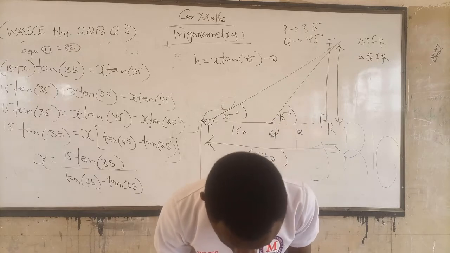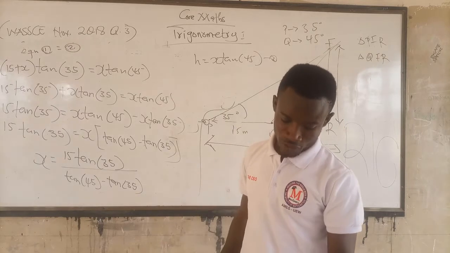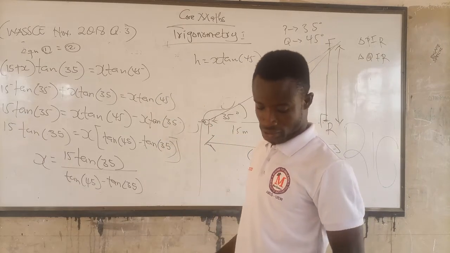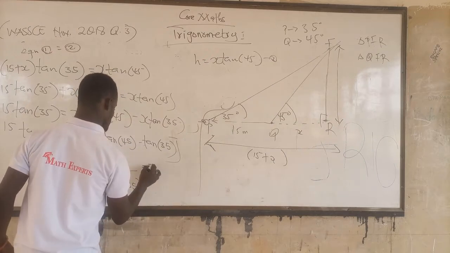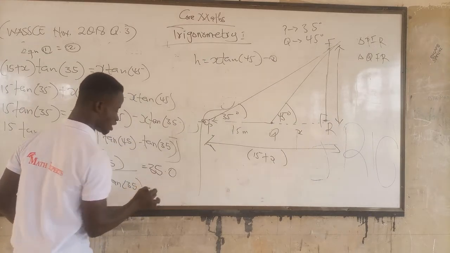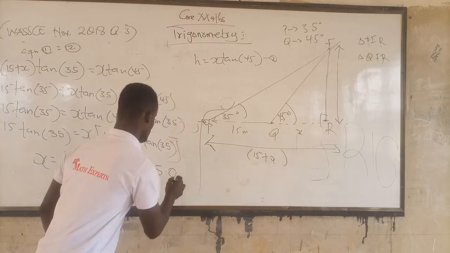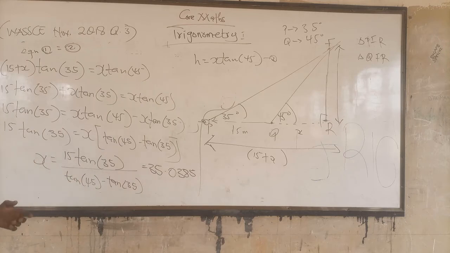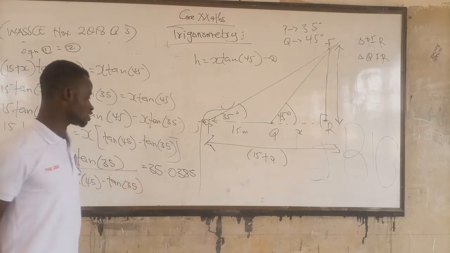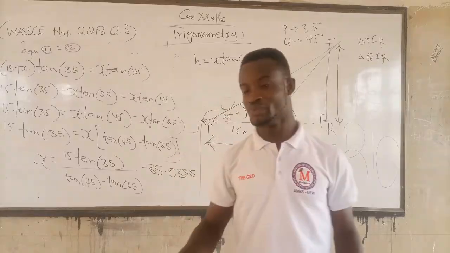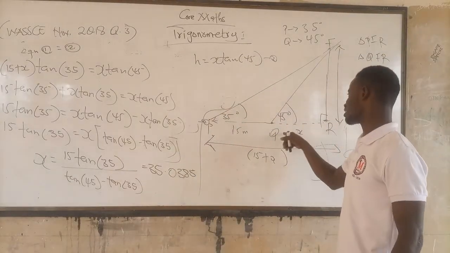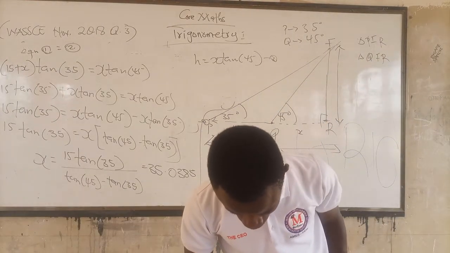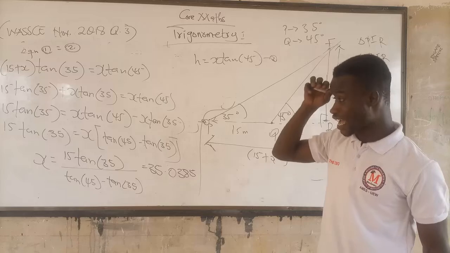And when you solve this, the value of x is going to give you 35.0385. If you want to approximate to a whole number, then it will be 35 meters. Don't forget it's in meters, it's a distance. It's not an angle. Alright. So that is that.